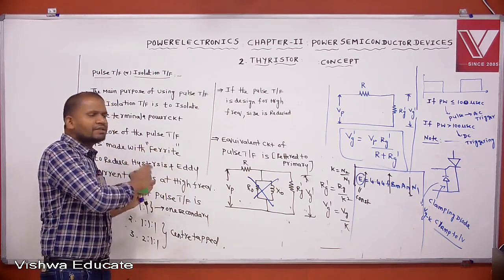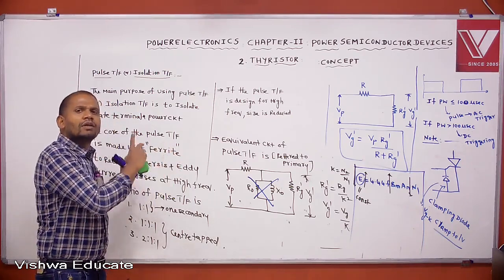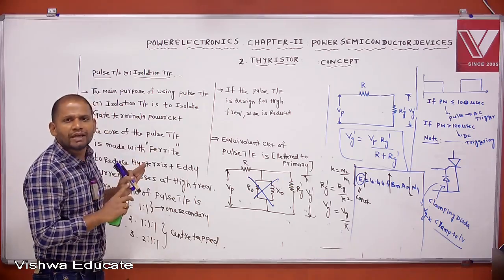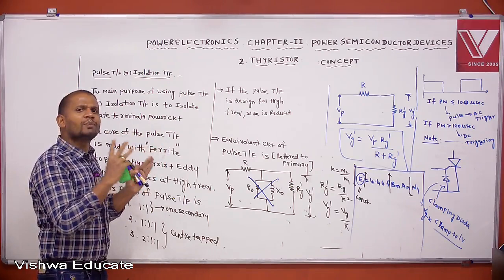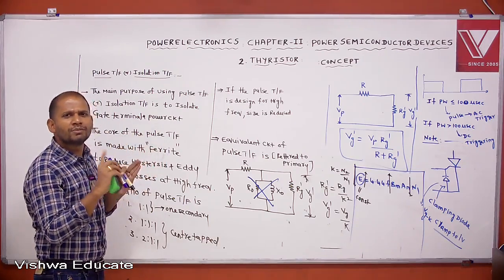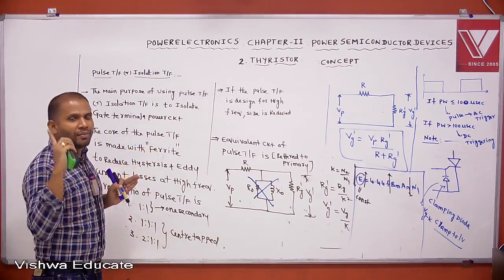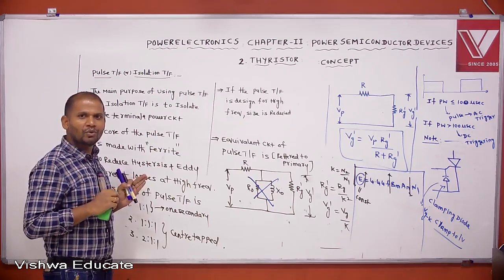After completing these, you go for another concept of thyristor, the protection circuit. In the protection circuit, a very important concept is the snubber circuit, which is important from a competitive point of view.